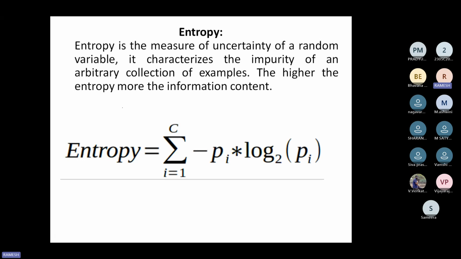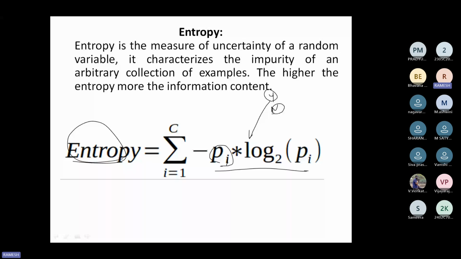So the equation for entropy is the probability of all column values times log base 2 of the probability of the same. For example, if there are yes and no in column 1, what is the purity level of yes, what is the purity level of no?